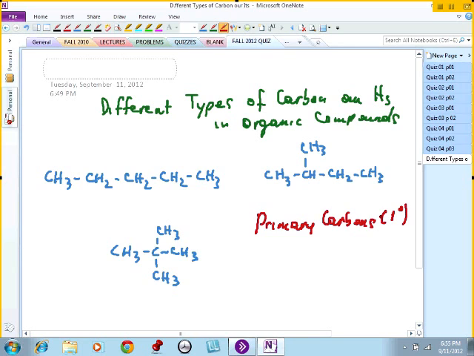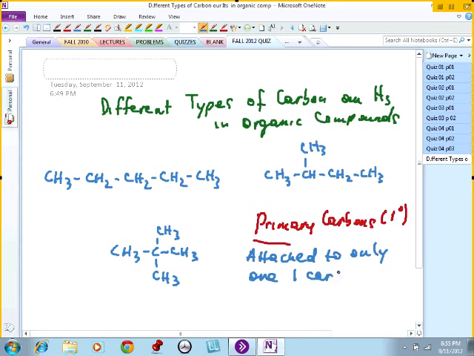The primary carbons are those carbons that are attached to only one other carbon atom.